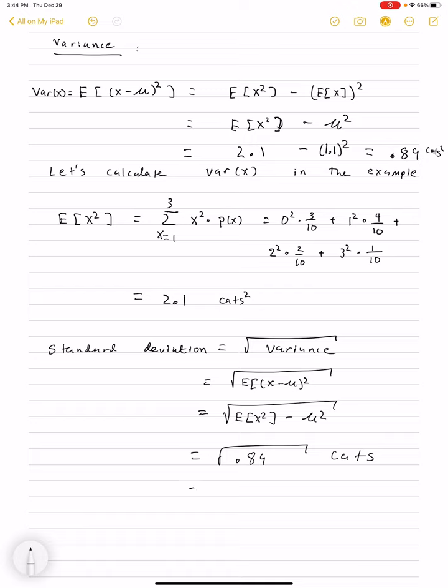This will give us a standard deviation of 0.79 cats. So that's the standard deviation. I'd like to point out, if we think about the variance, it's saying what's the expected value of x minus the average, squared. So on average, how far does an observation lie from the average, in squared distance? That's what variance says.